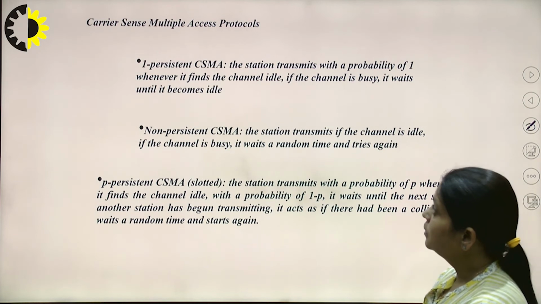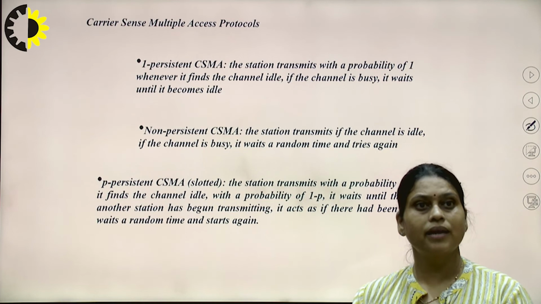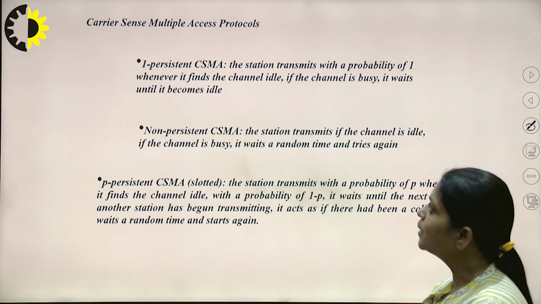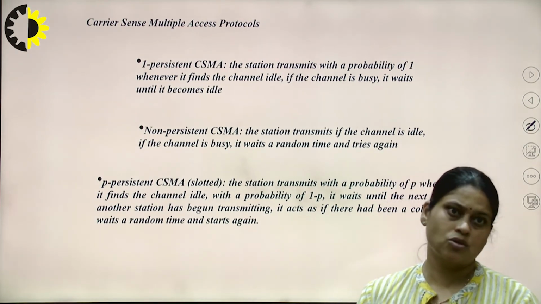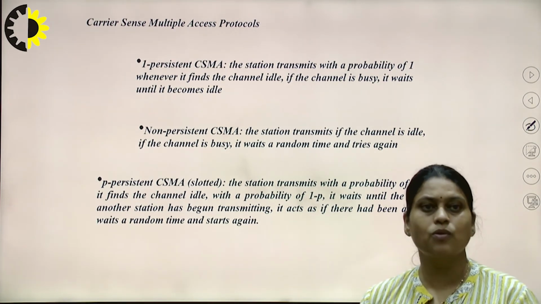There are categories of carrier sense multiple access protocol: 1-persistent, non-persistent and P-persistent. These are the categories of carrier sense multiple access protocol.